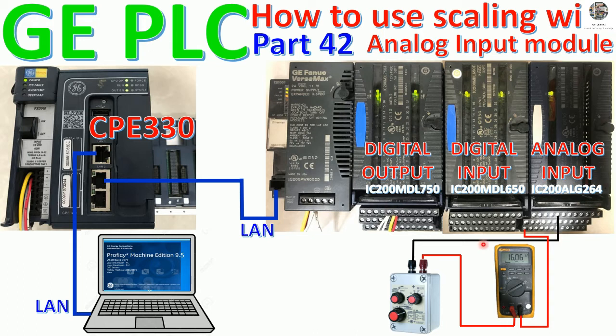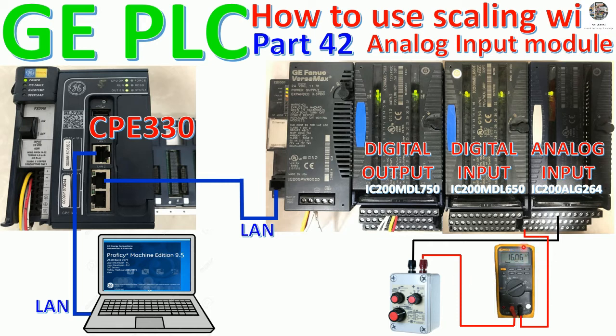The concept is that right now we need to create the scaling. For example, when I set 4 milliamp, it will show the actual temperature or pressure, or some scaling to show the actual value. It is just an example for one channel.